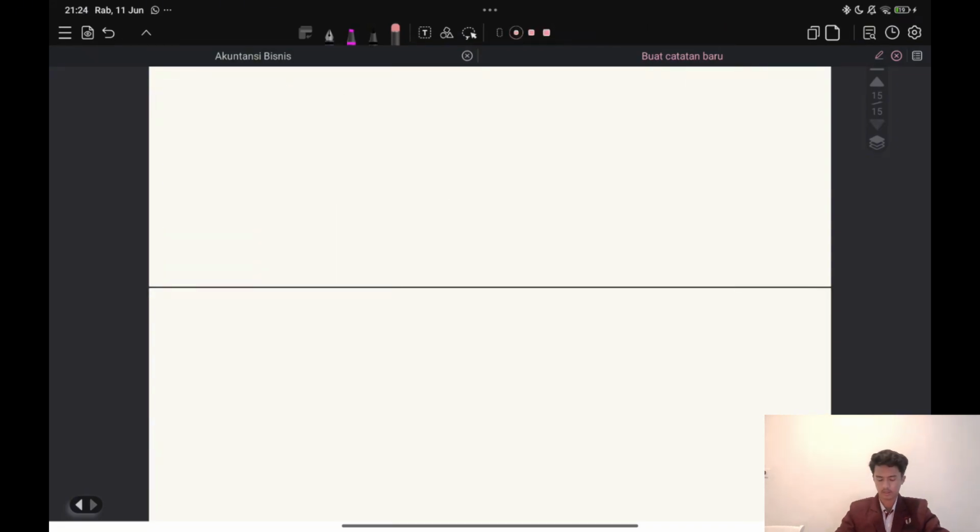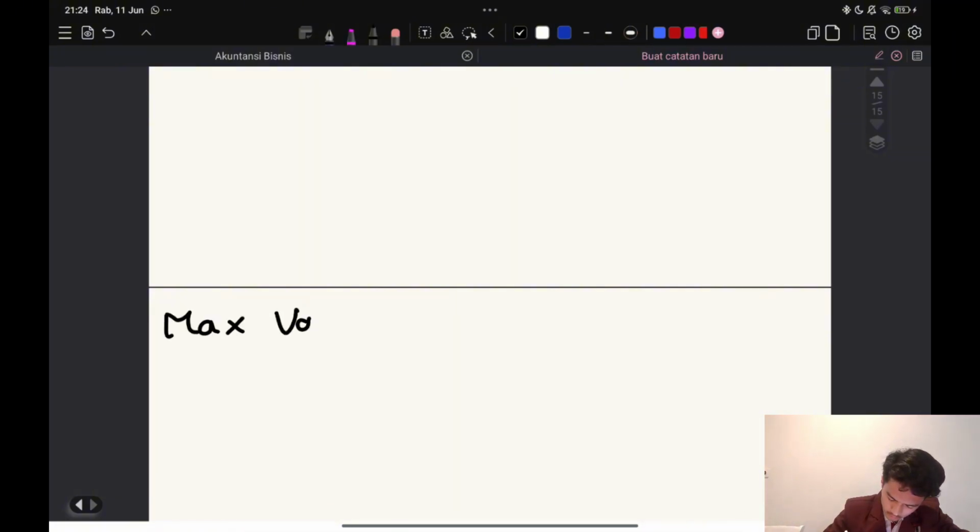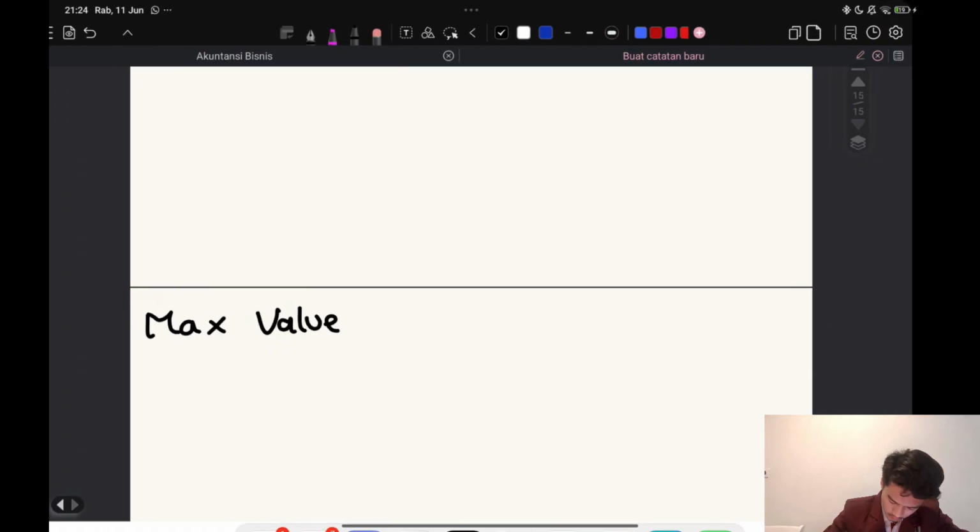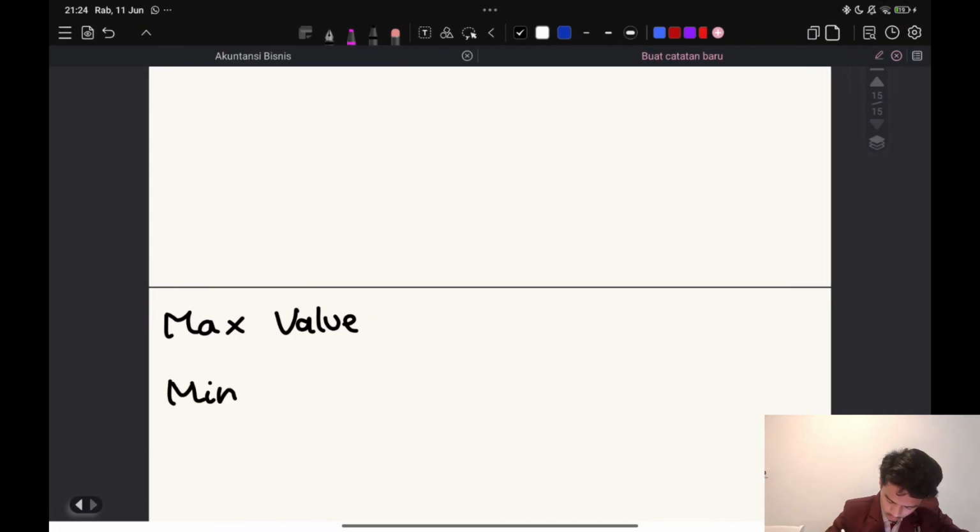And then for the final step, we have the maximum value and the minimum value.